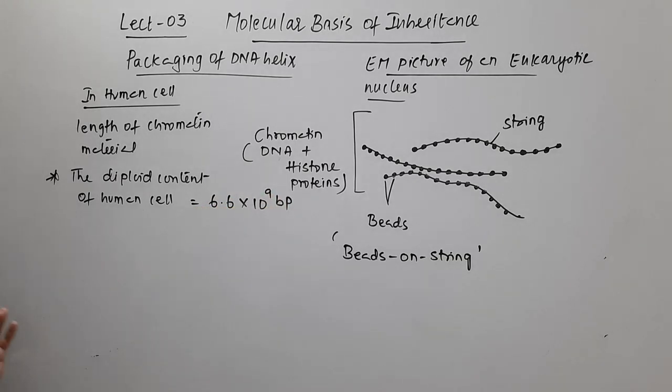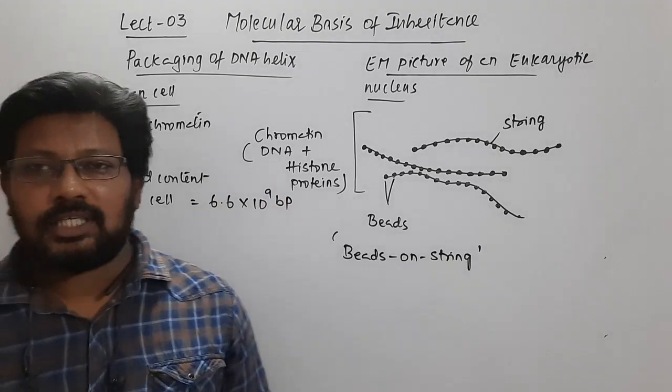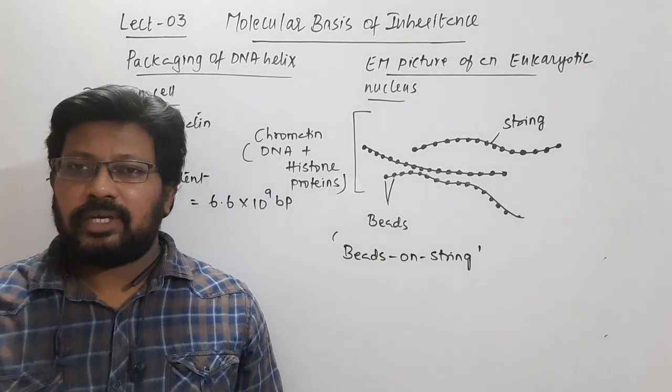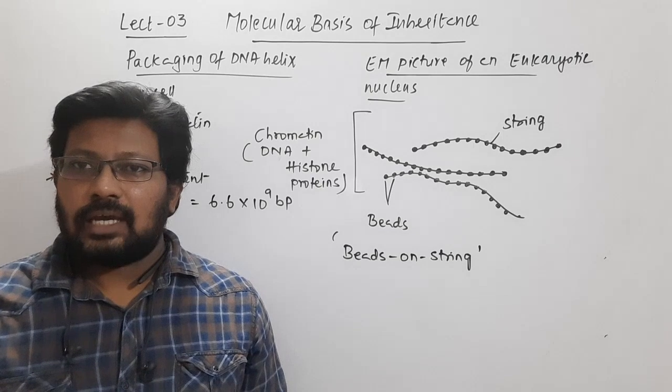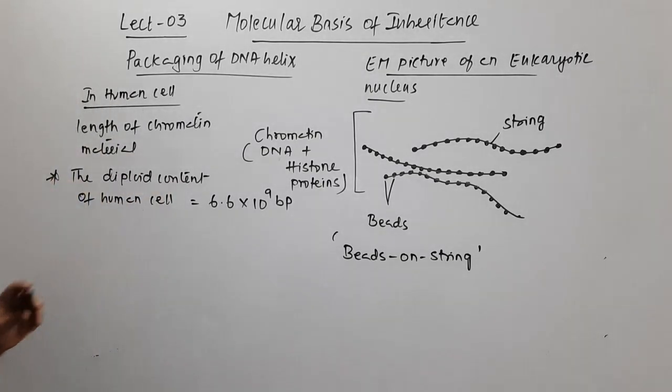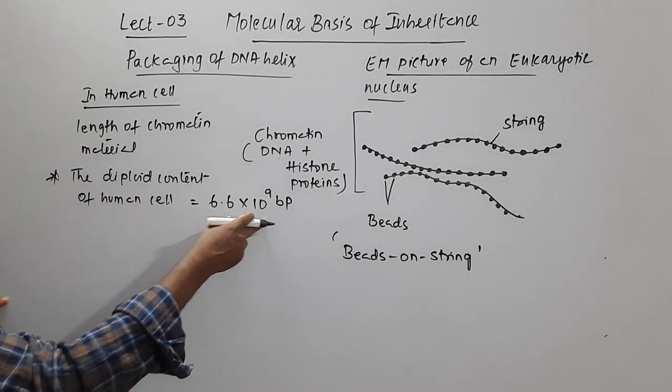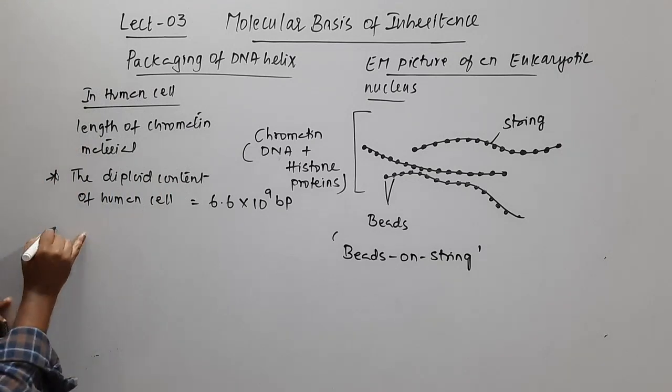In earlier sessions I mentioned 3.3 into 10 to the power of 9 base pairs, which is the haploid content. Here it is the diploid content which I mentioned.